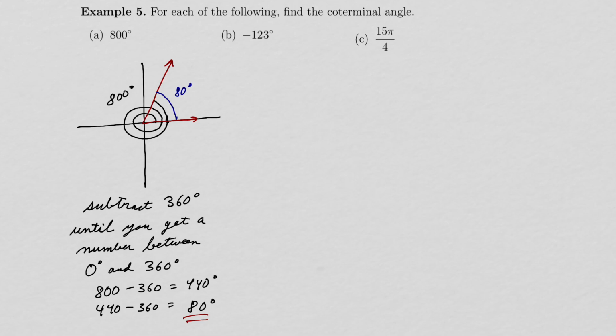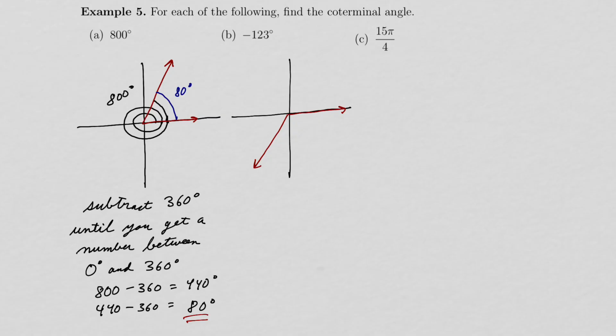Okay, let's do a few more of these. Let's say my original angle is negative 123. So that means I want to measure this clockwise. So this would be 90 degrees, right? Then I need to go another 33. So I'm in this third quadrant here, something like this.